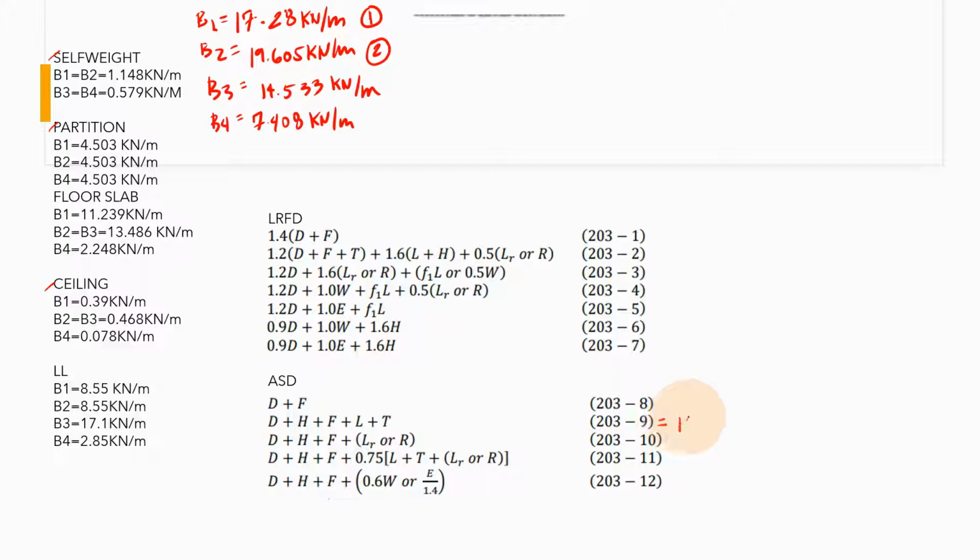So, we have 14.533 plus yung live load that is acting on our beam 3, which is 17.1 kilonewton per meter. So, it is equal to 31.633 kilonewton per meter. So, ito na yung sagot natin for number 3.